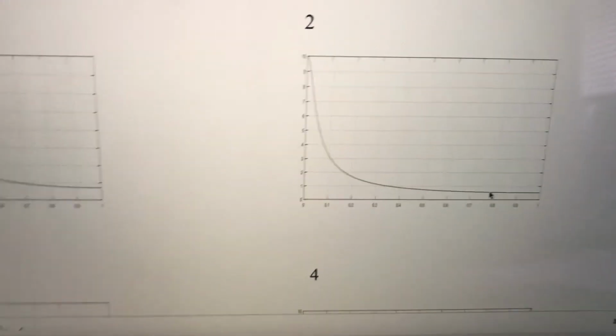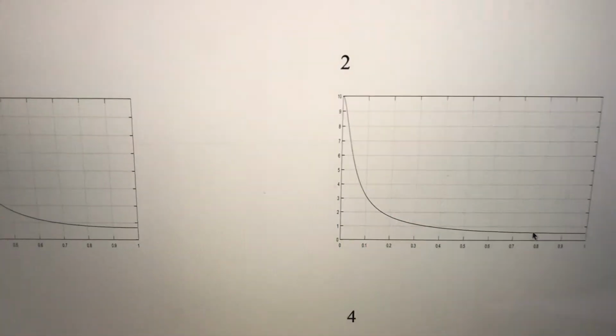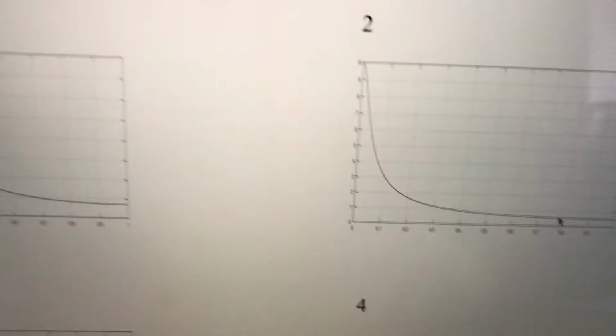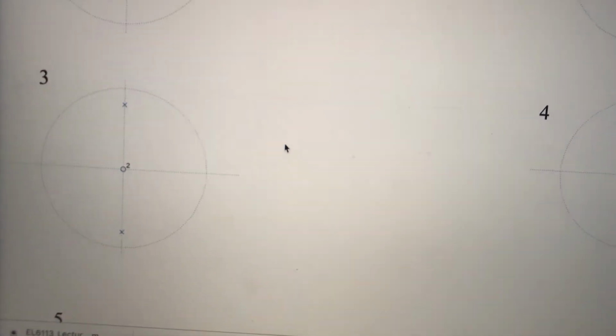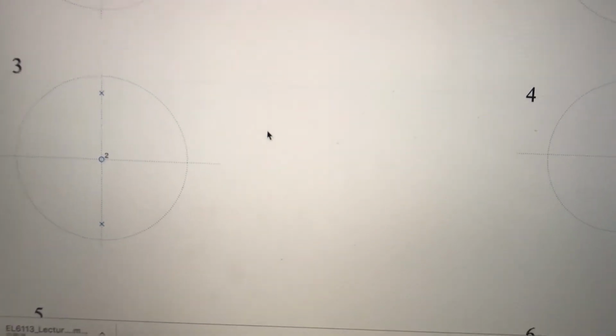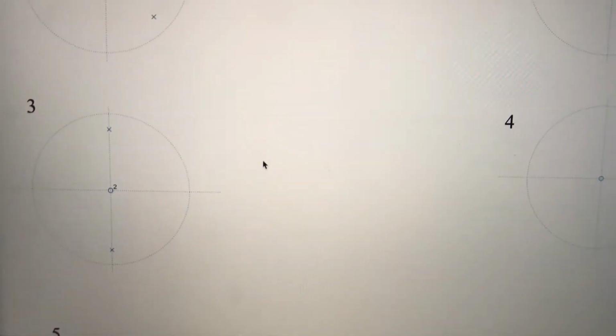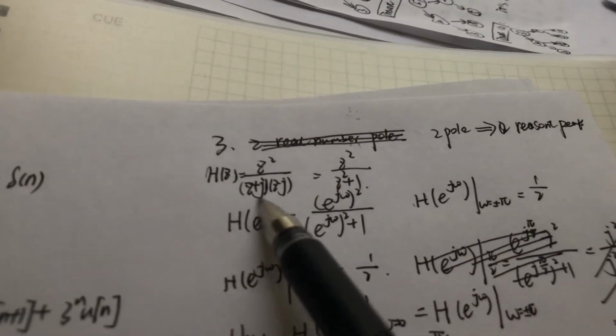Next we're going to look at diagram 3. We could see this one has two zeros, which are complex numbers. So we have this function.